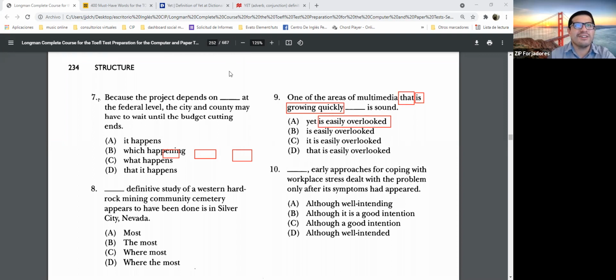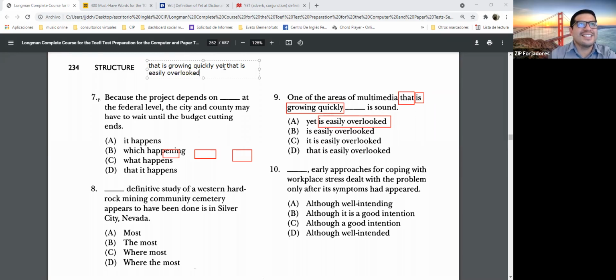So imagine, for example, I am going to try to make it. I think that is not correct, but it is for an educational purpose. So for example, that is growing quickly, yet that is easily overlooked.